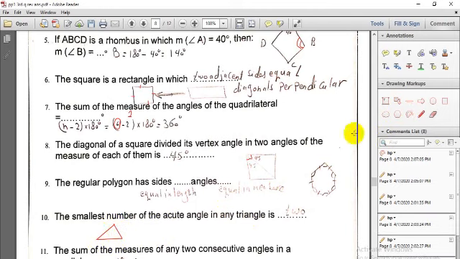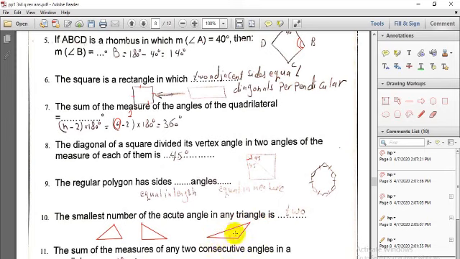But what if I have a right angle triangle? How many acute angles? I have 2 acute angles. And if I have an obtuse angle triangle, how many acute angles do I have?